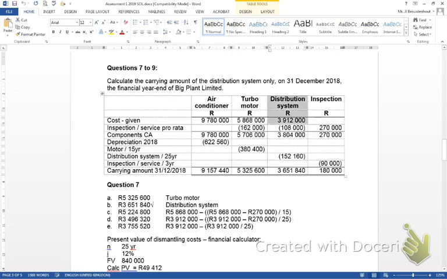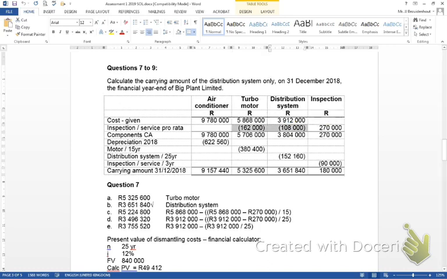But then on the very next page we tell you that there is also inspection fees, which is on the whole plant. So therefore those inspection fees must now be allocated separately, but it must be taken out pro rata from the turbo motor there and pro rata from the distribution system.